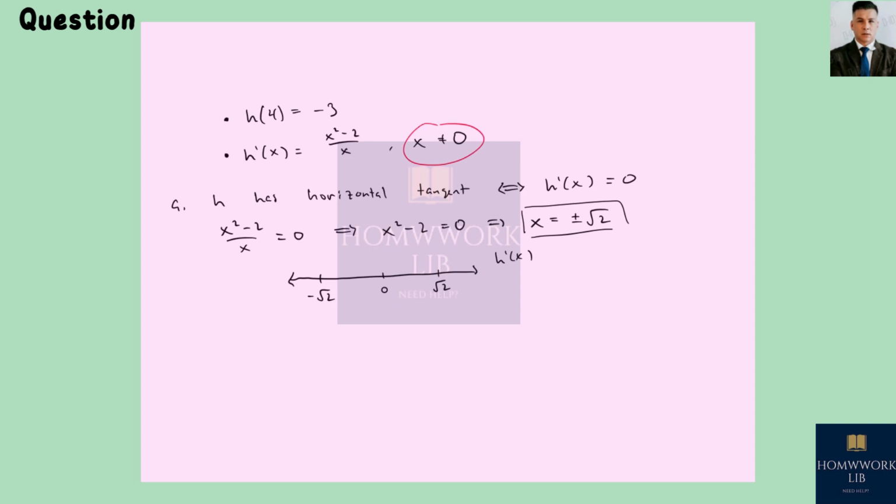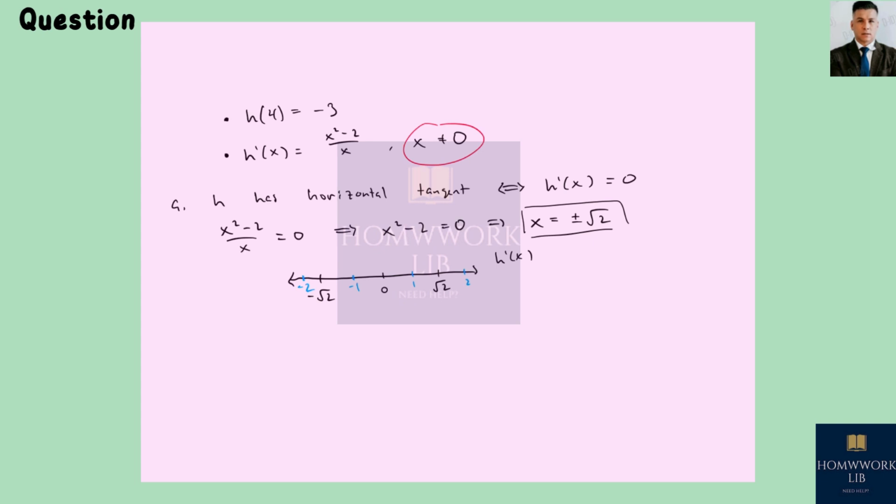And then we plug in points in all of these different regions. So we plug in maybe negative 2, negative 1, 1, 2. And what we see is that in each of these regions, we get the sign of h prime. Or I should say, we plug in these numbers and the sign determines whether h prime is positive or negative in that entire region.